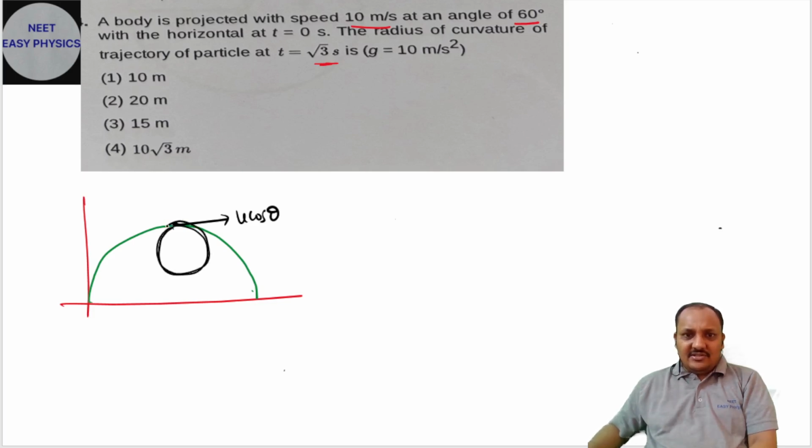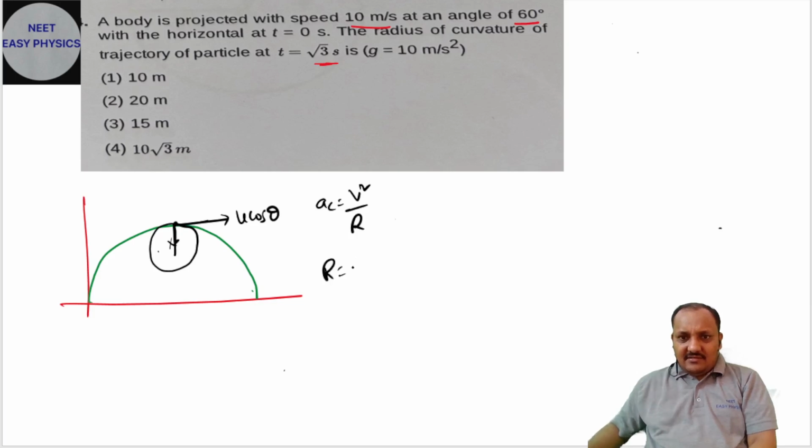So what does the radius of curvature mean here? This is going to be the radius of curvature. So towards what is the acceleration? If this is u cos theta, towards the center is the centripetal acceleration, AC is equal to V square by R. R is equal to V square by AC.